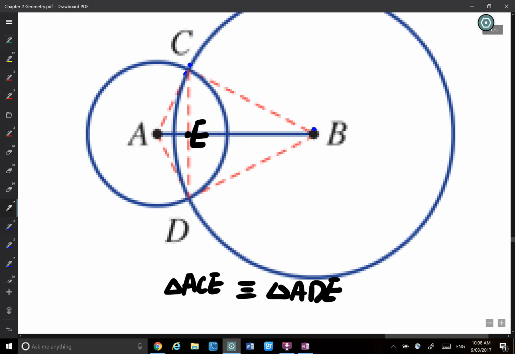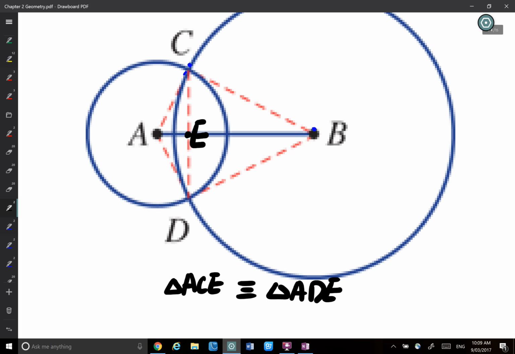If I can prove those two triangles are congruent, then I can prove that CE equals DE, and also that those two angles must be 90 degrees.